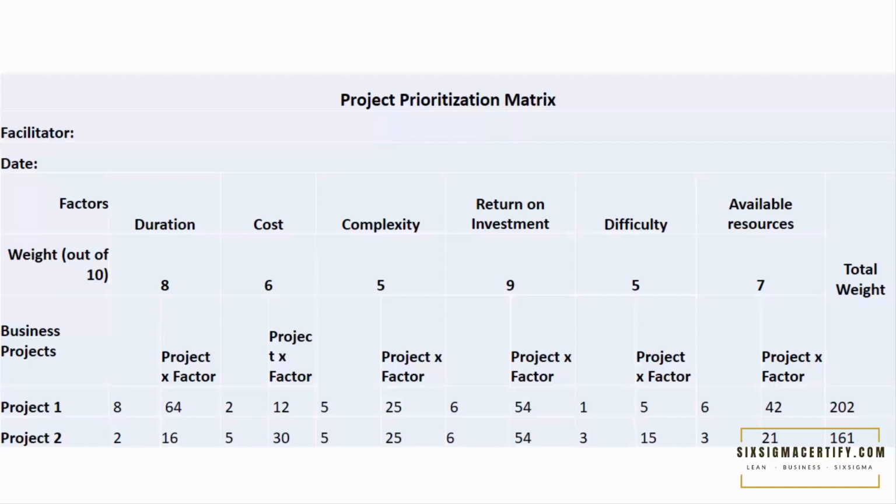We are assigning different weights to the different projects and their factors, and based on the total weight at the end, we prioritize the project. So the project prioritization matrix helps us know which project is to be selected based on factors such as duration, cost, complexity, return on investment, difficulty, and the available resources. In fact, there may be more or different factors than what I presented here.